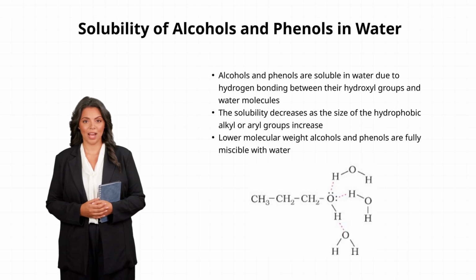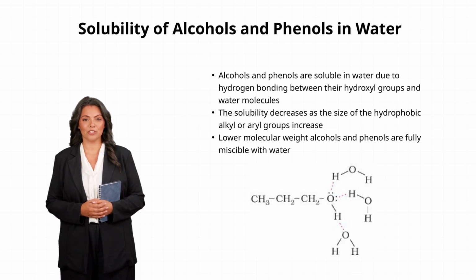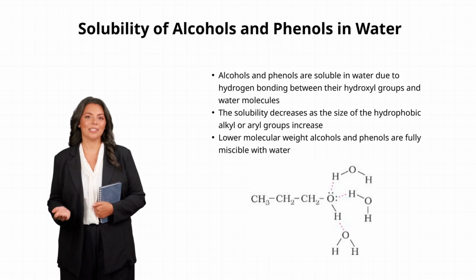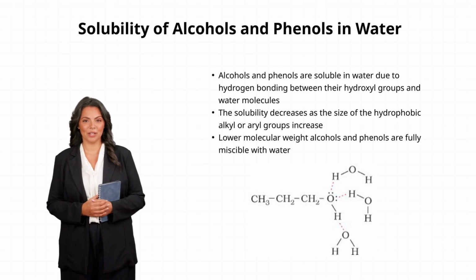Here we examine why alcohols and phenols dissolve well in water, which is key to understanding their behavior in biological systems and industrial applications. On the screen, notice ethanol's structure with its two carbons and an OH group. The oxygen has lone pairs of electrons, making it an excellent partner for forming hydrogen bonds.